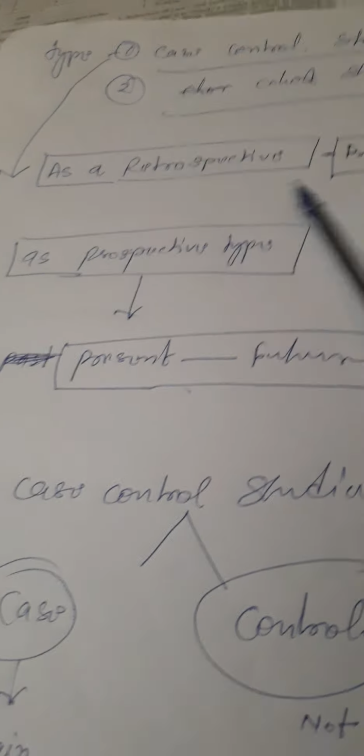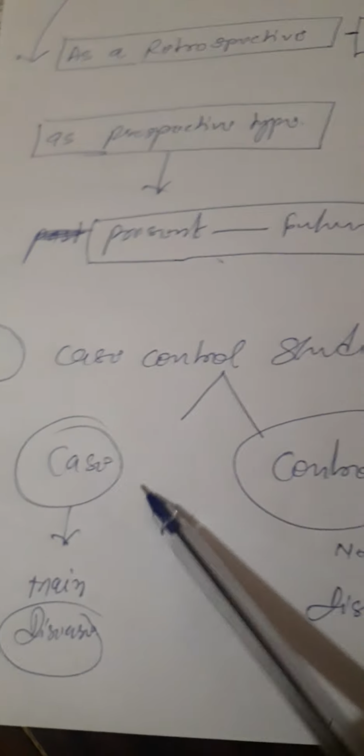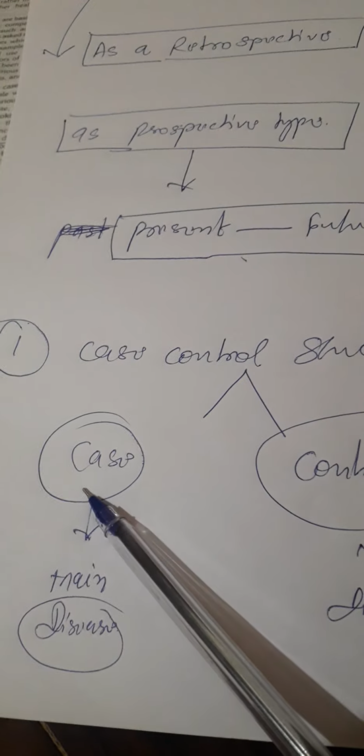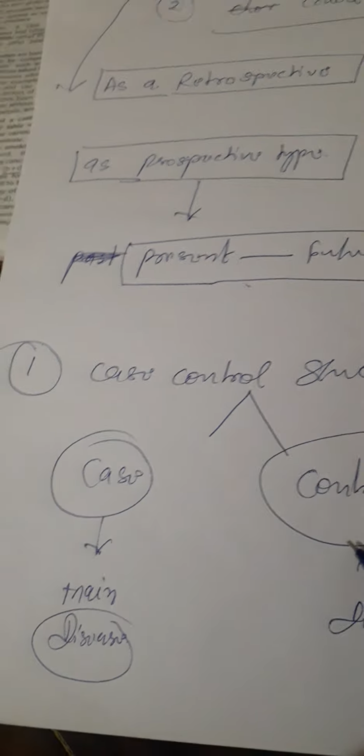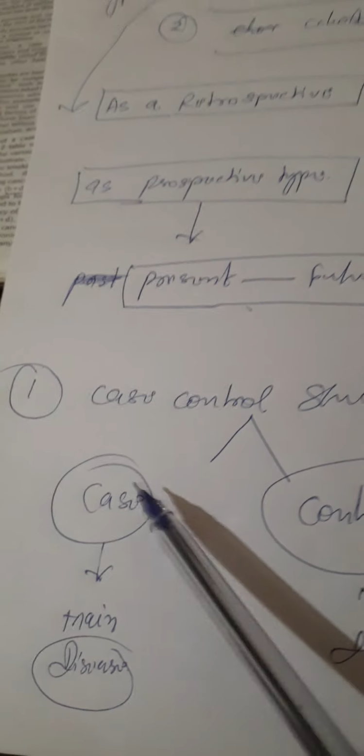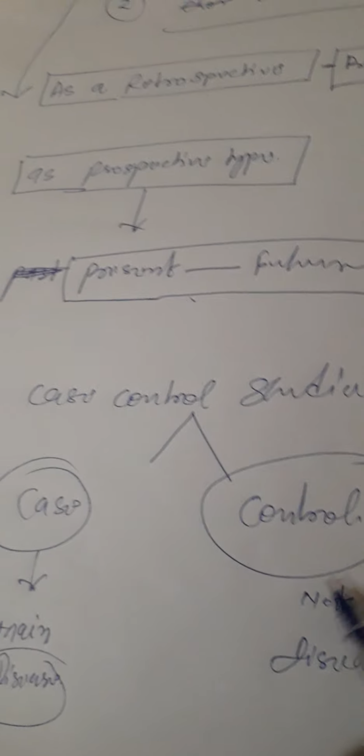First, case control studies. Case control study is one type of analytical method. Here the case is a specified population and the control is a specified population. Together they make up the sample population. We divide the sample population into two groups, case and control.